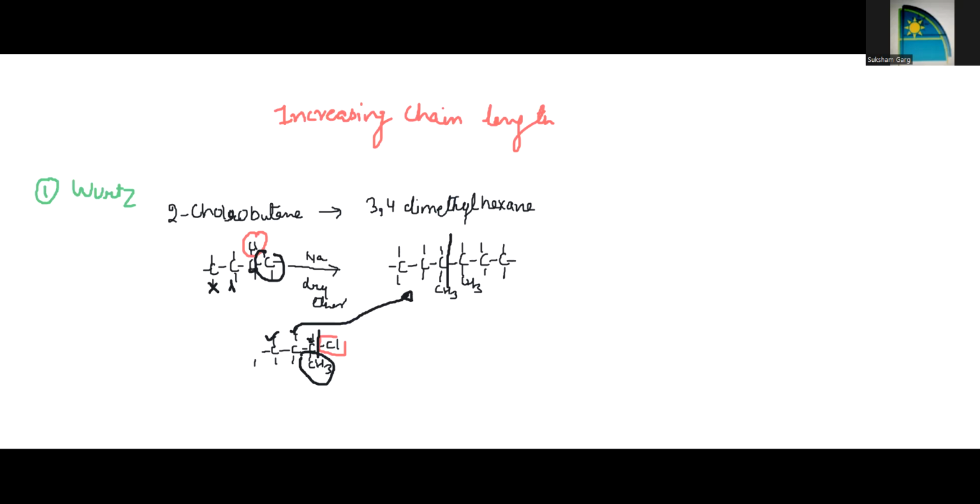So you can use Wurtz reaction for doing this type of conversion. Always, when the final product contains double the number of carbons than the starting material, the first thought should be Wurtz reaction. Let's see the next reaction for increasing the carbon chain length.